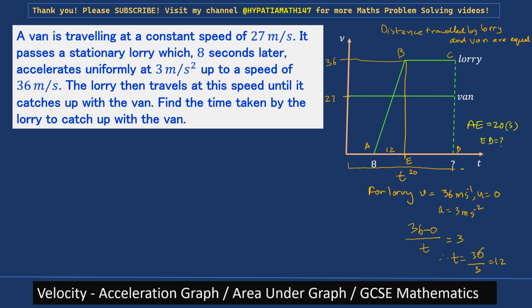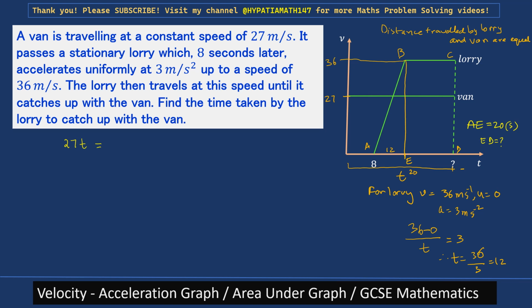I can say that 27t, the distance traveled by the van, equals the distance traveled by the lorry, which is the area under the graph ABCD.